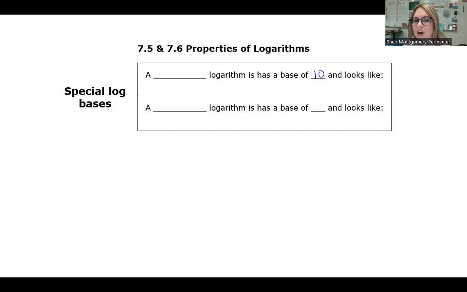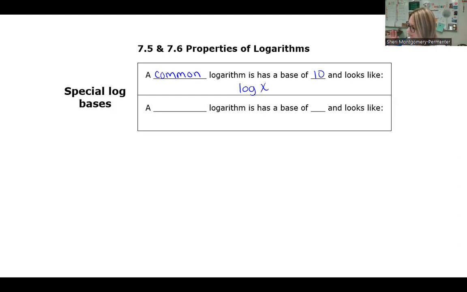And we call that a common log. See, there's no base. So when you don't see a base, the base is 10.